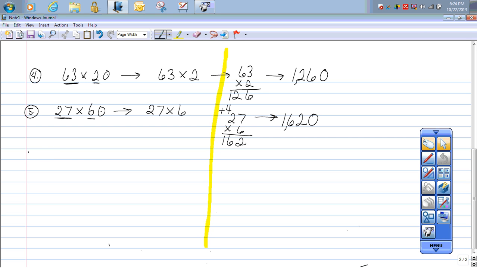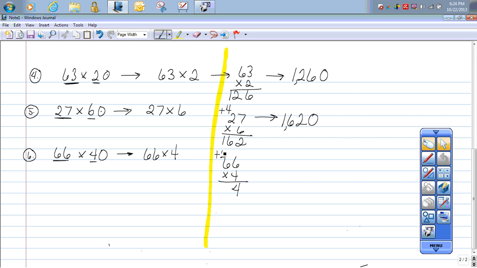Let's just do one more as an example. 66 times 40. We see 66 times 4 is a problem that we could work. Currently, we know how to do 2-digit times 1-digit multiplication. 4 times 6 is 24, so I place my 4.